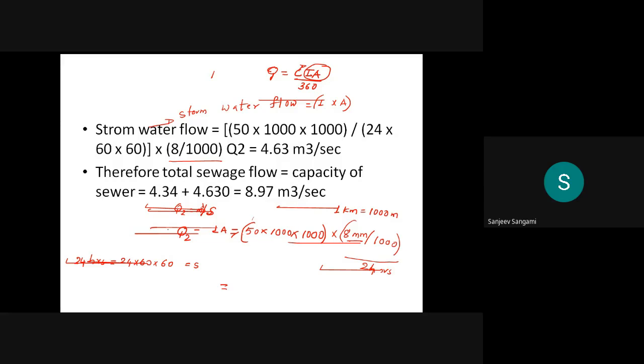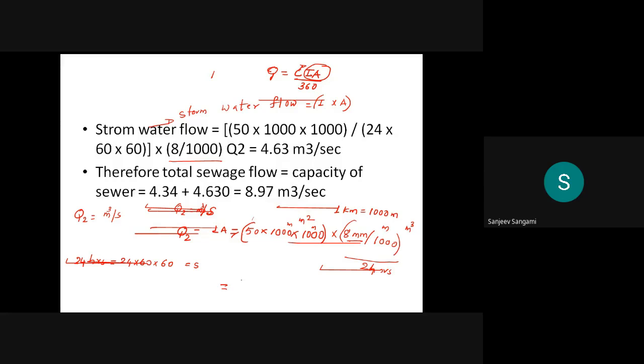Whatever the Q2 is, you should get in meter cube per second. That is why the unit is meter square, and converting into meter, completely it is meter cube.